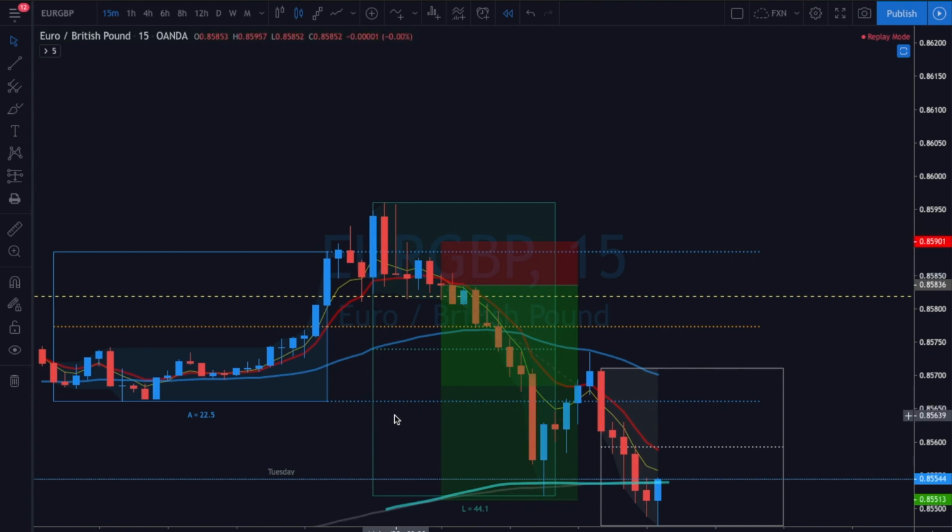Okay, so for this type 2 setup, the entry rules are simple. Second leg of the M or W. Second leg has to be inside of the London box or the New York box. So in this case, it was inside of the London box, check. And then you had a crossover of the 5 and 13, check.